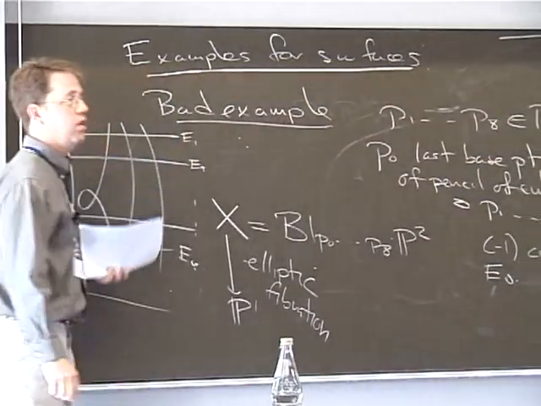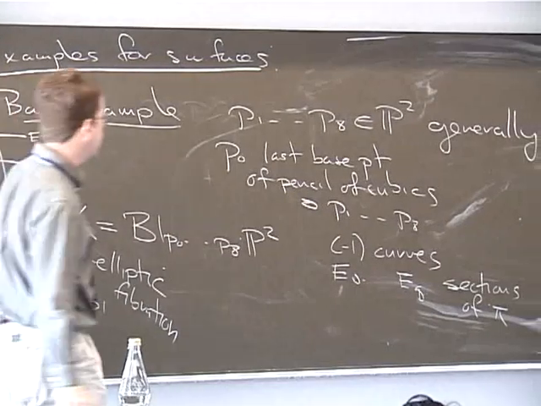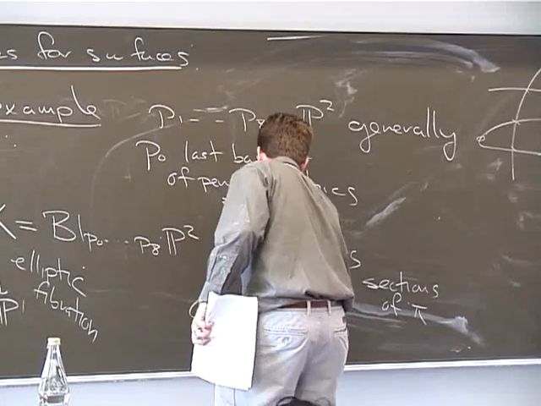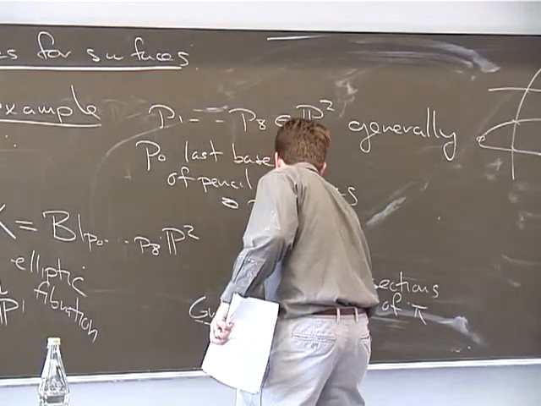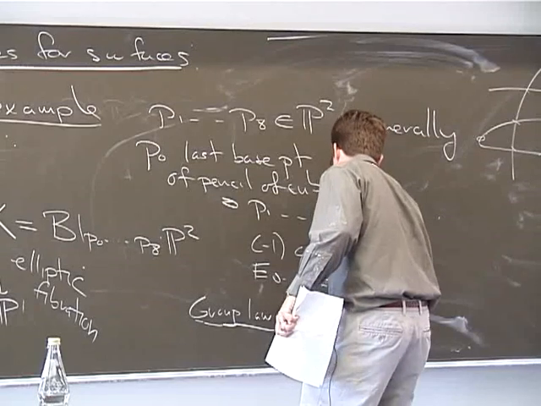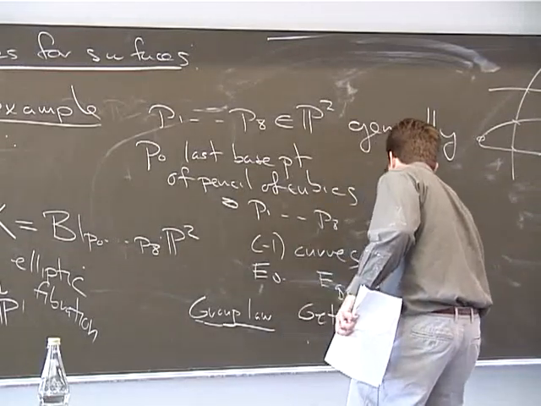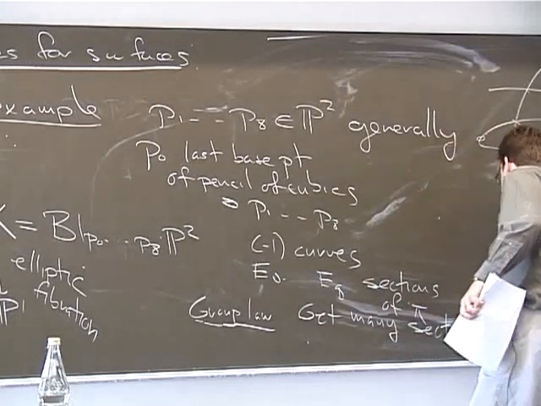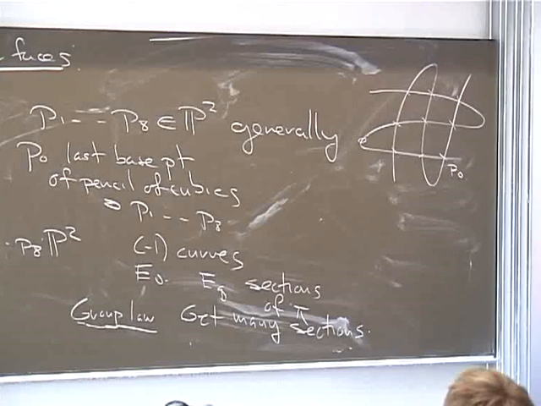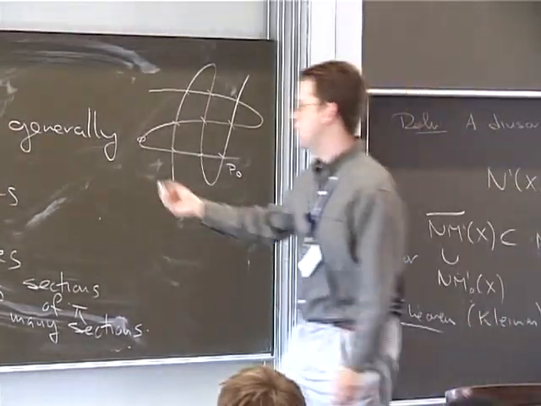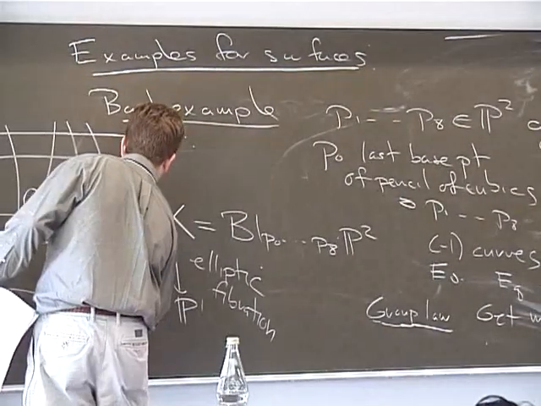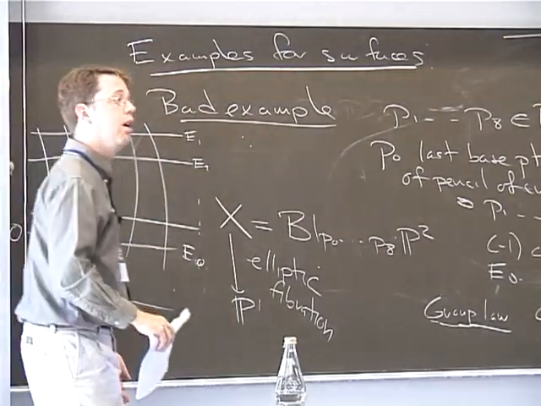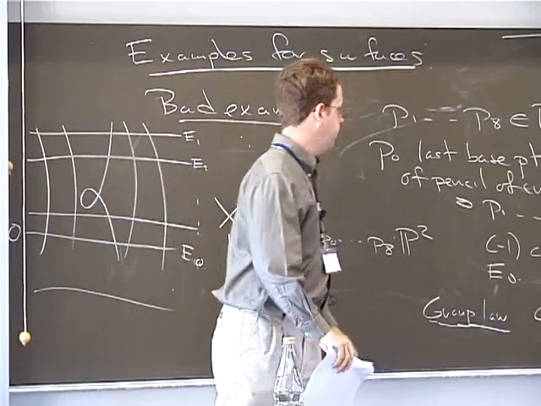I get a whole mess of sections. But now we can use the group law. And generally, using the group law, we get lots of sections. So I choose one of these to be 0, say E0. Let's just set E0 to be 0 under the group law.